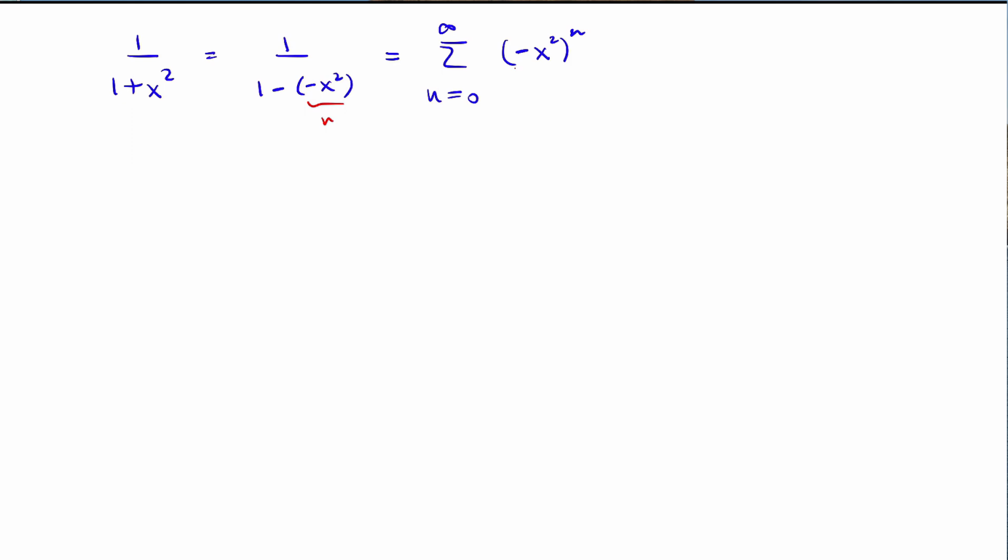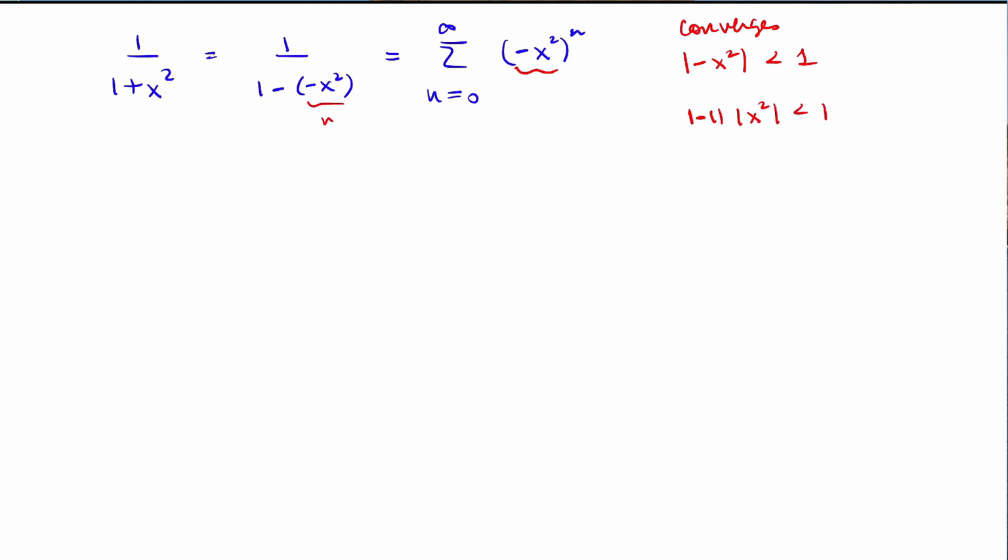So again, since this is my r, I know that this converges whenever the absolute value of negative x squared is less than 1. Now, having the absolute value of negative x squared being less than 1 is the same as saying the absolute value of negative 1 times the absolute value of x squared is less than 1.